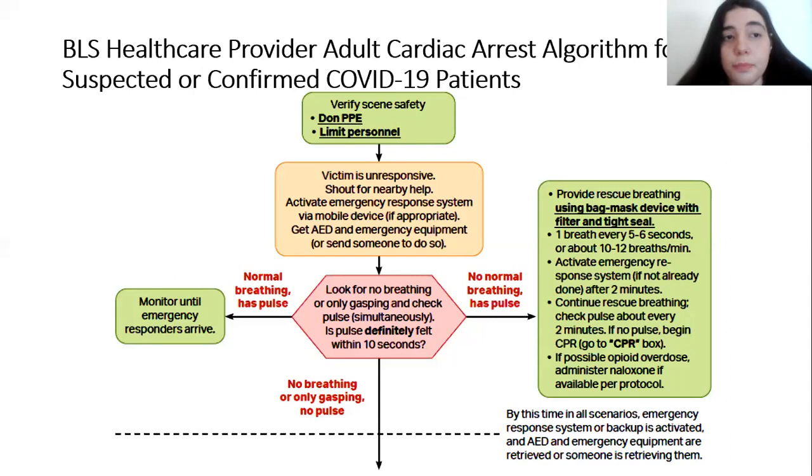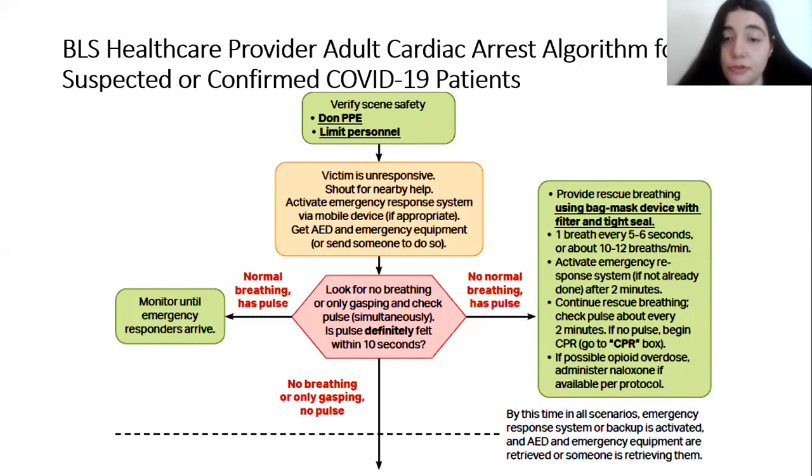For the basic life support algorithm, first you have to verify the scene safety. The most important is to use PPE and limit the personnel. If the victim is unresponsive, first look for breathing, look if the patient is only gasping, and check for the pulse. If the patient has normal pulse and normal breathing, you can only monitor until emergency responders arrive.